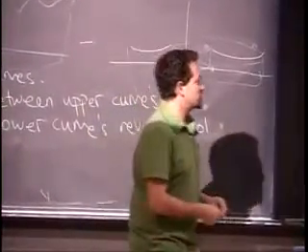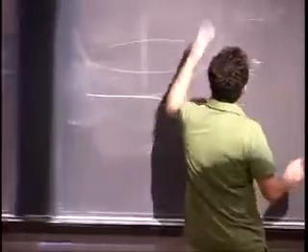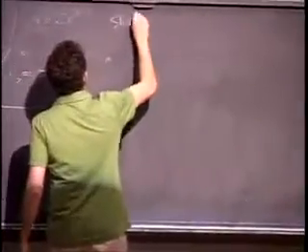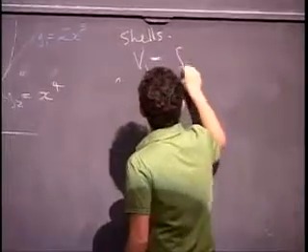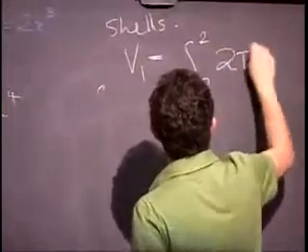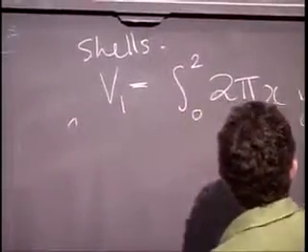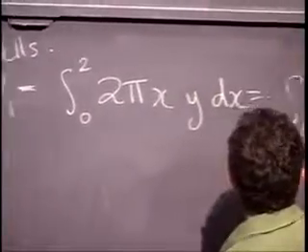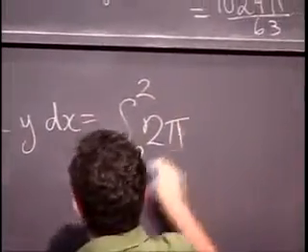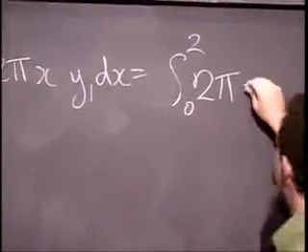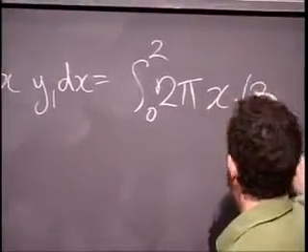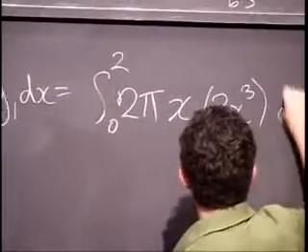So let's use shells, and we're going to set it up exactly the same way. Except this time, V1 is equal to the integral from 0 to 2 of 2 pi x y dx, which now I'm going to put y1, because that's the top one. So it's 2 pi x times 2x cubed dx.